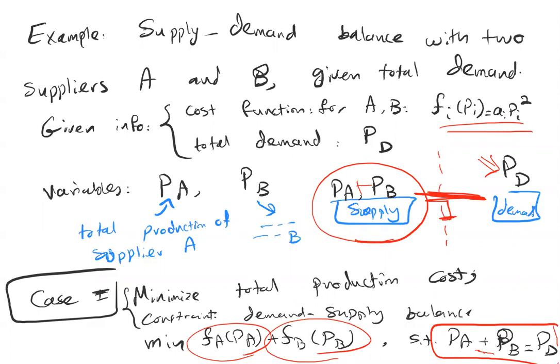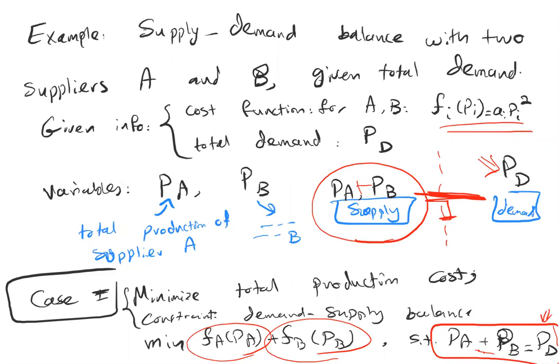Let's say P_A is the total storage capacity that storage unit A can offer, and P_B is the total storage capacity that storage B can offer. The sum of these two should be equal to the total demand that we have, or P_D. In our case, it was 10 terabytes.